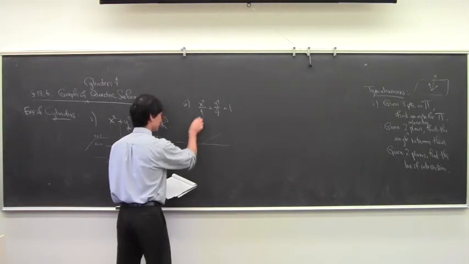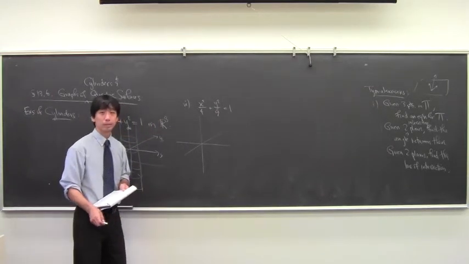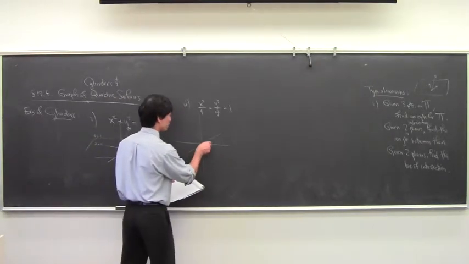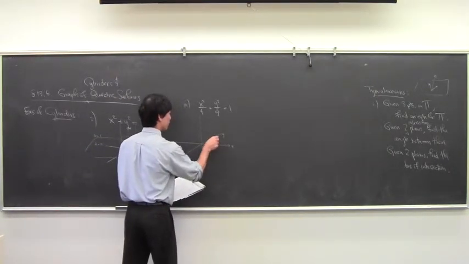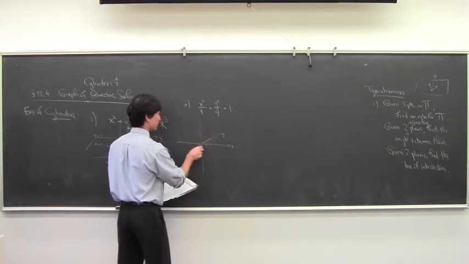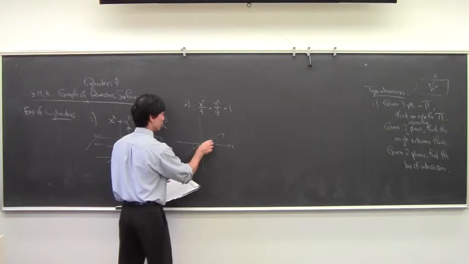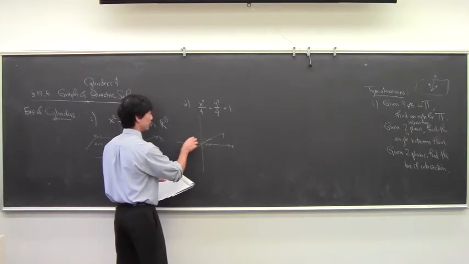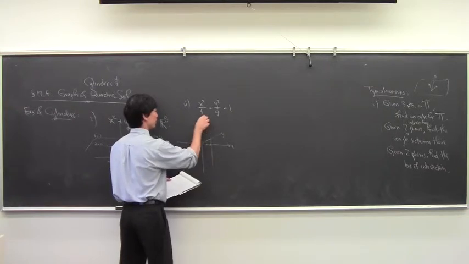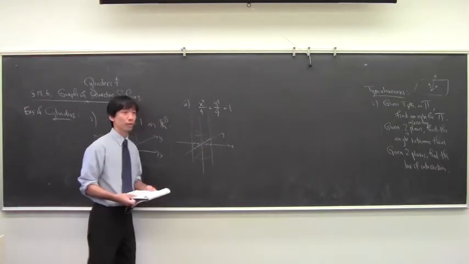Anybody recognize it? Yeah, it's an elliptical cylinder, basically. In the x direction, you're going to have the minor axis. In the y direction, you have the major axis. So it's an oval going up and down.